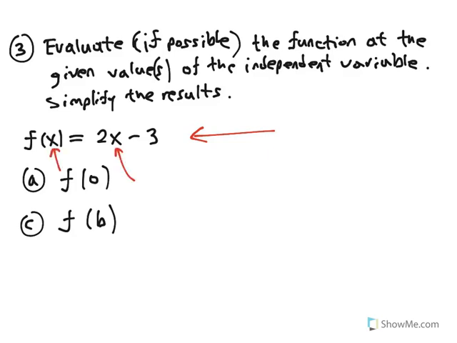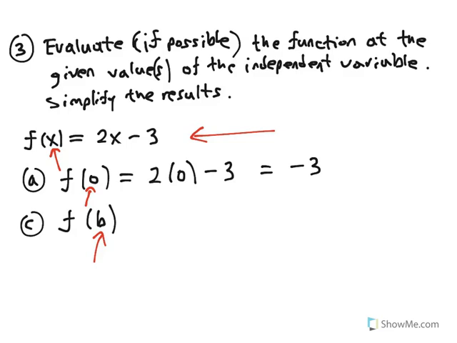Notice that I read the f of x as 2 times the input minus 3. So in part A, the input is 0. So the function says you should do 2 times the input minus 3. So you'll have 2 times 0 minus 3, which is 0 minus 3, or negative 3.